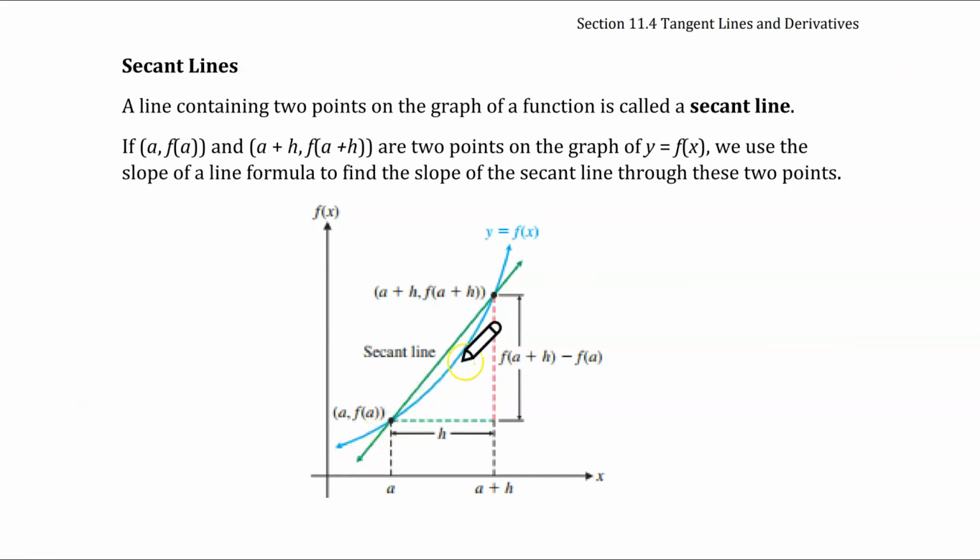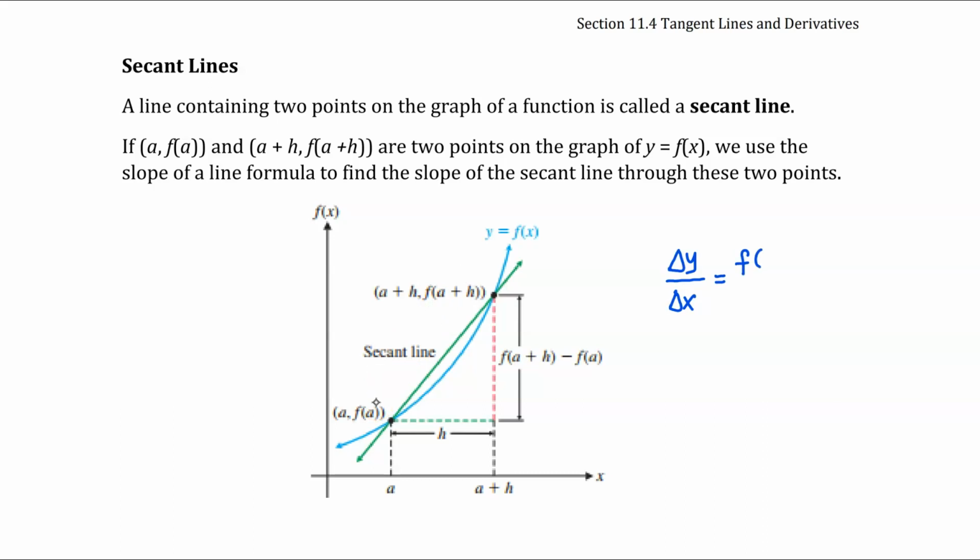Now, to obtain the slope of the secant line here, you just compute the change in y divided by the change in x. So you look at the y coordinates for the 2 points, and then you subtract the y coordinates to get the change in y.